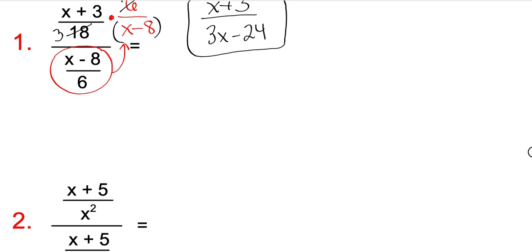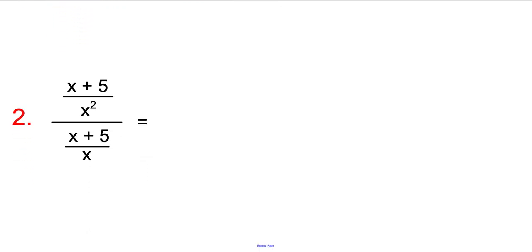Okay, so next one down here. Same kind of idea. So we have a single fraction in the bottom, a single fraction in the top. So we're just going to take this, bounce it up, flip it, and then look to cancel things. So now we have the same binomial pair here and here. Those cancel out. And then remember how this works when you have a single variable and something like that where it's x squared.